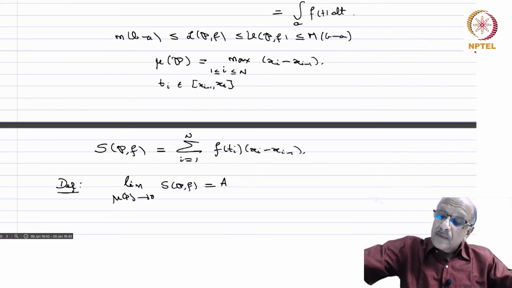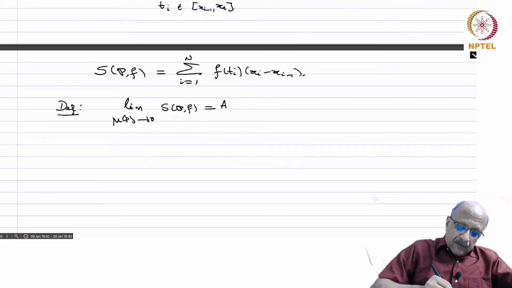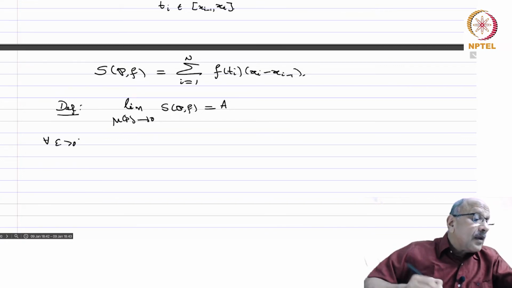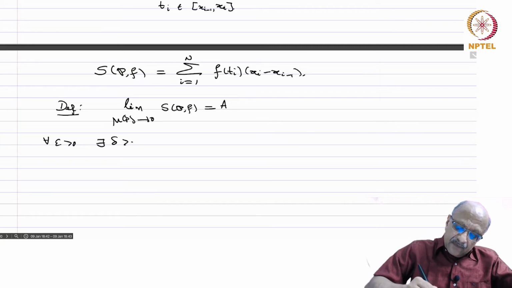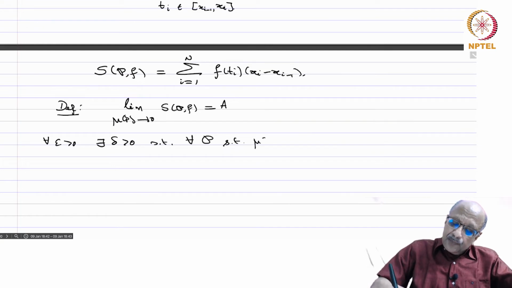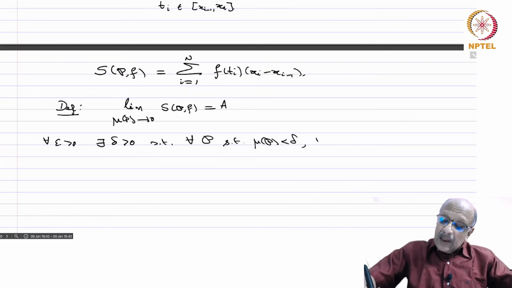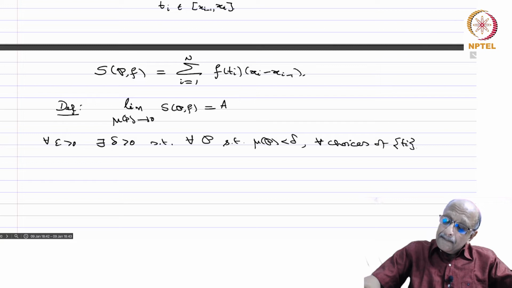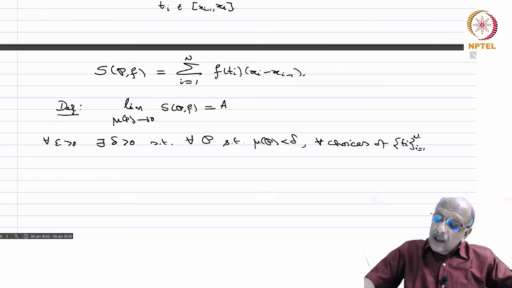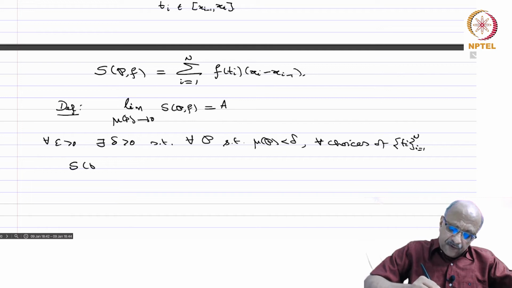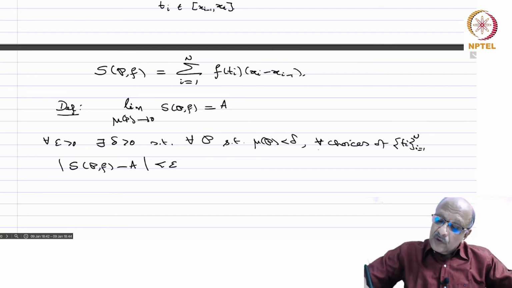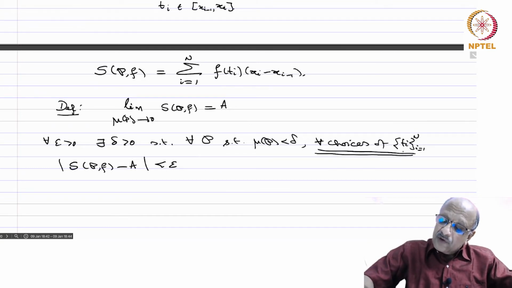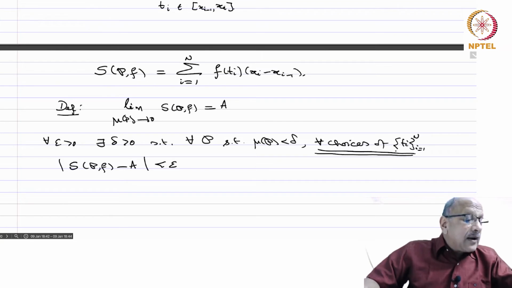This means that for every epsilon positive, there exists a delta positive such that for all partitions P such that the mesh of P is less than delta, and for all choices of t_i, i equals 1 to n, the absolute value of S(P,f) minus A is less than epsilon. So this is very important. This is a very strong condition and you have to do this.